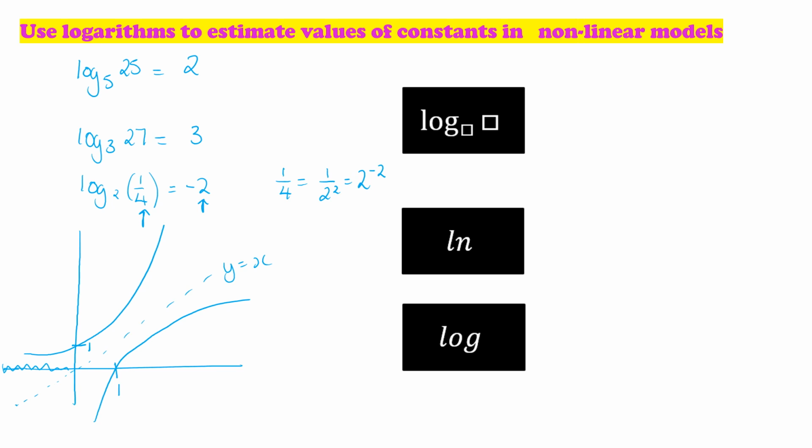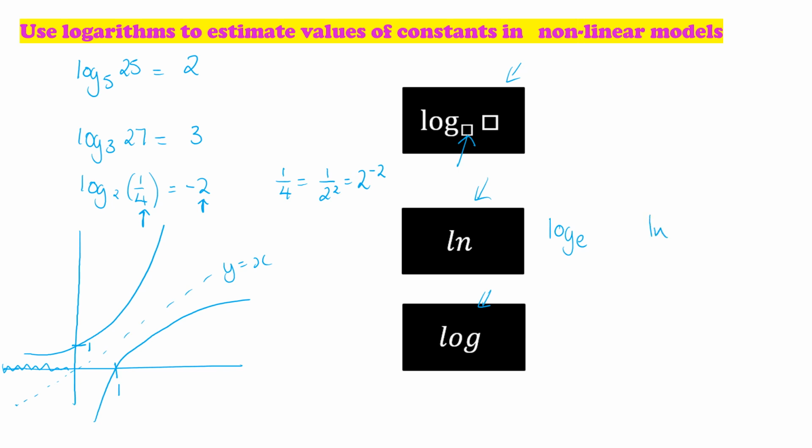Now over here, these are the 3 buttons on your calculator. When I was at school, we didn't have the top one, we only had the bottom 2. But here you can feed in on your calculator log to any base. When it's ln here, this is shorthand for log to base e, so we just write that as ln.